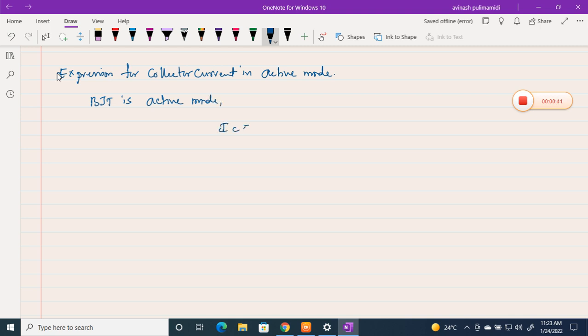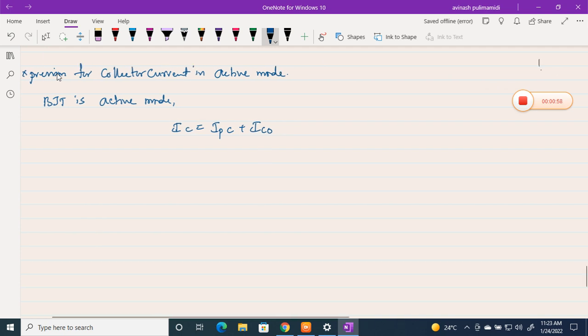Collector current IC is equal to IPC plus IC naught. If you remember, we have taken this from this equation, and that formula was taken over this point.